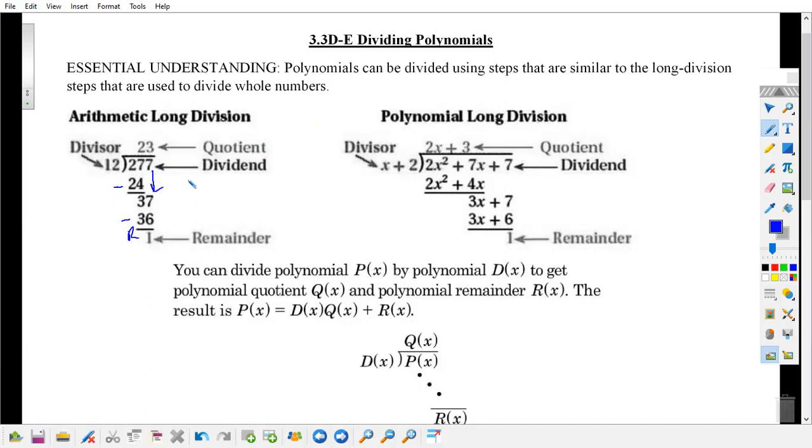If you had a really awesome teacher in 5th grade, then you also learned that the remainder actually is a fraction of your divisor. So your exact answer is actually 23 and 1/12. That was the next step in the progression of long division.